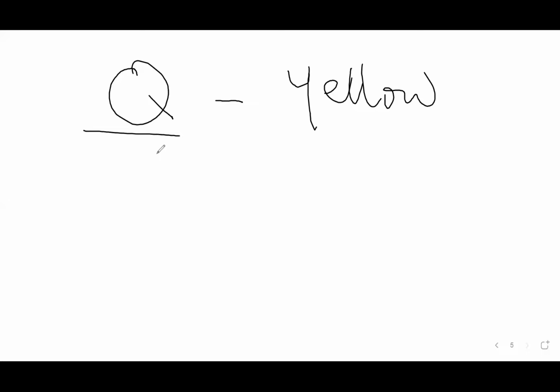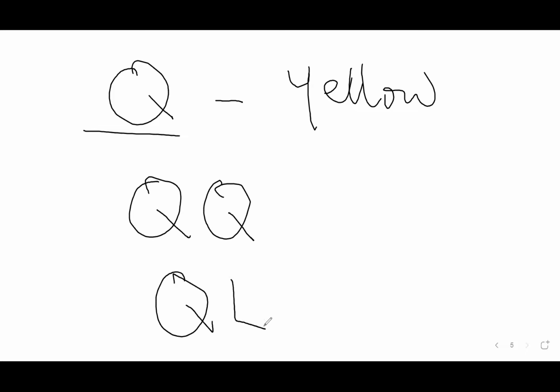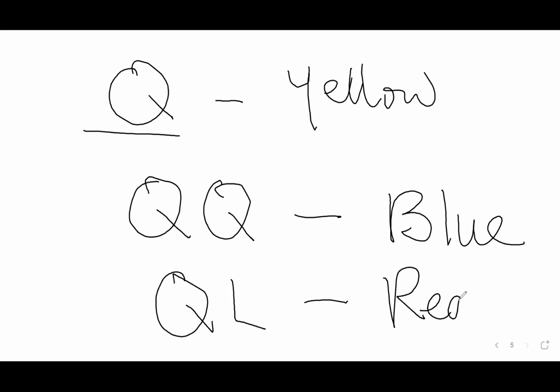So there are two types. It could either be QQ or QL. This is what they are asking you. The QQ is the blue flag and the QL is the red flag.